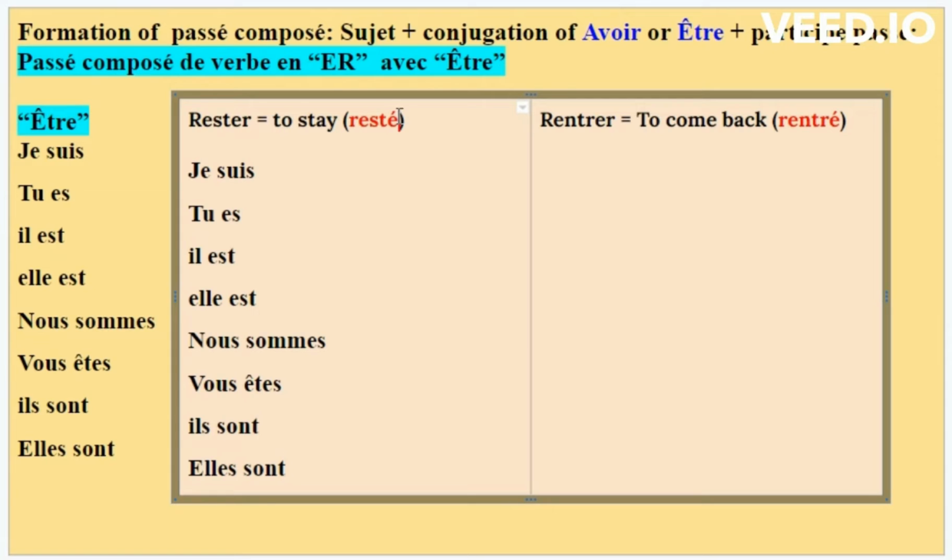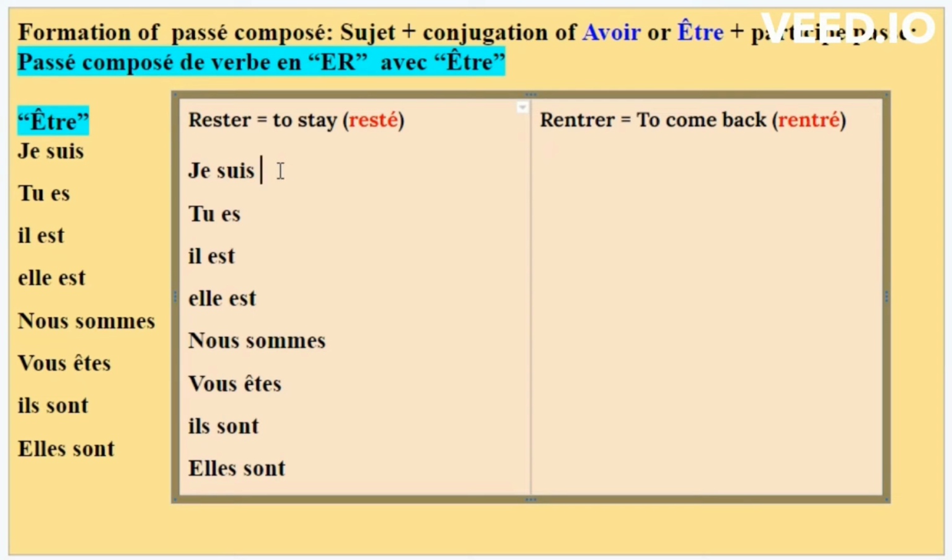So therefore, I just have to copy rester, the participe passé. Remember the rule is avoir or être plus participe passé of the verb to be conjugated. For that purpose, I have copied rester.